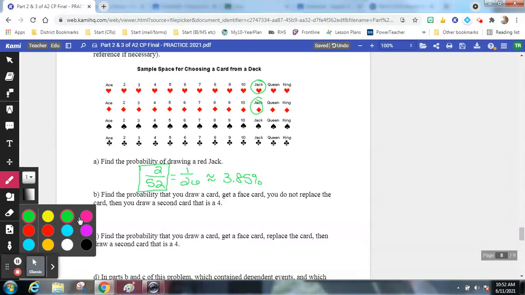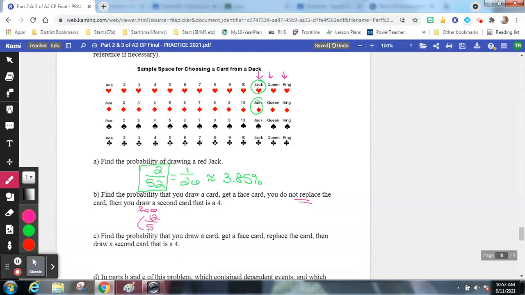Okay, part 2, or part B. Find the probability that you draw a card, you get a face card, you do not replace it, and then you draw a second card that is a 4. So we're going to start with our face cards. So we know jacks, queens, and kings are our faces. There are 12 of those altogether.